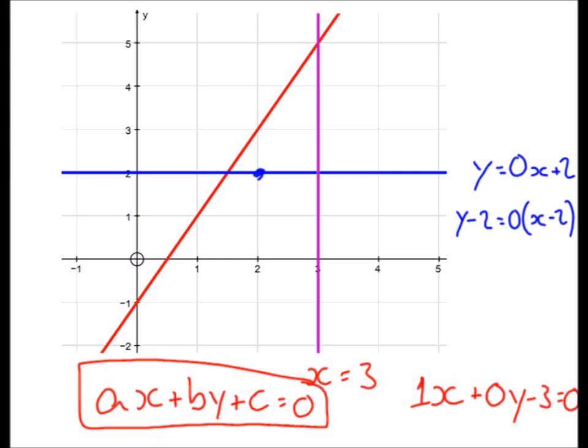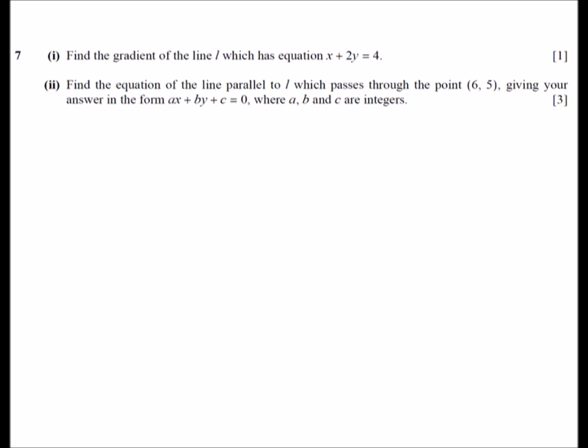Right, let's have a go at an exam question and see how we get on. So here's an exam question. Find the gradient of the line L, which has equation x plus 2y equals 4. So again, we'll ask for the gradient of something. We're in core 1. I'm going to think there are 3 things it could be. It could be asking me to rearrange the equation of the line into the form y equals mx plus c.